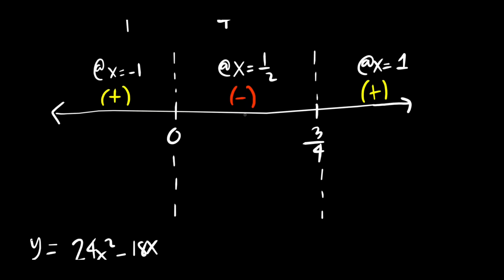Then we will find the maximum and minimum by this. So from positive going down to negative, right?